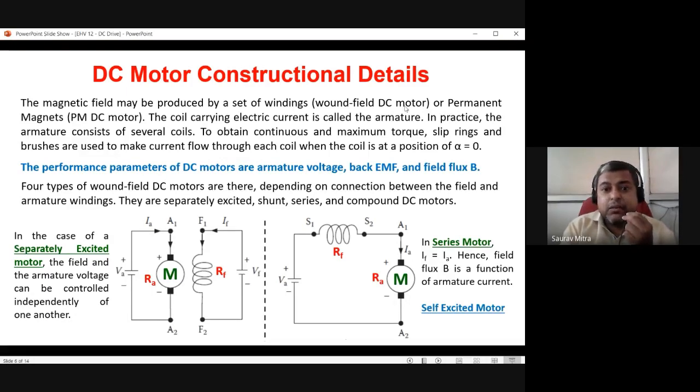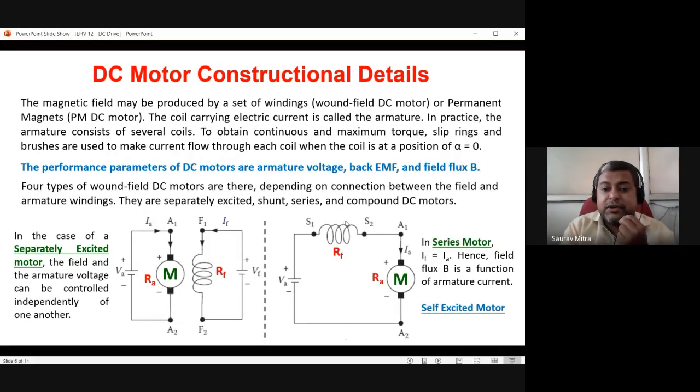Again, I'll repeat what is meant by back EMF. There is a coil inside the armature. Whenever a coil is given some current, it tries to produce an opposite EMF which opposes the cause of its production.